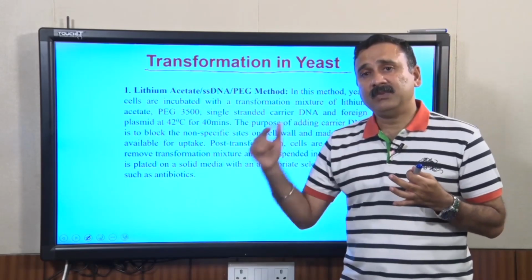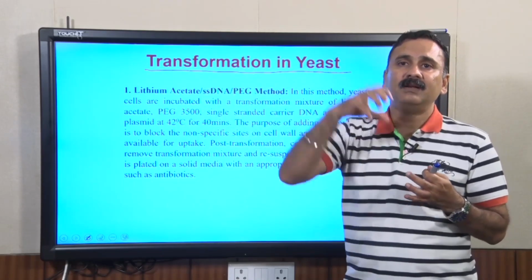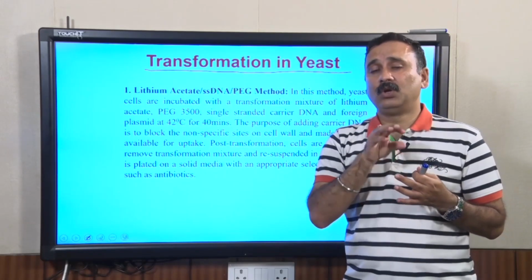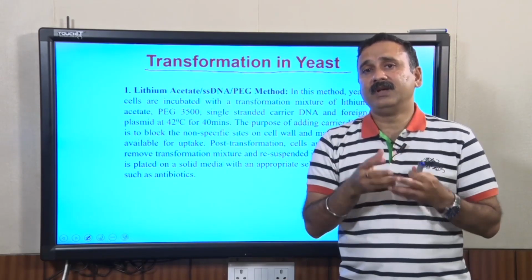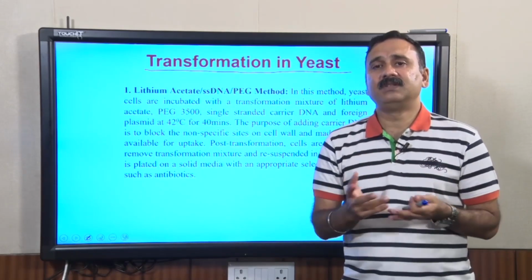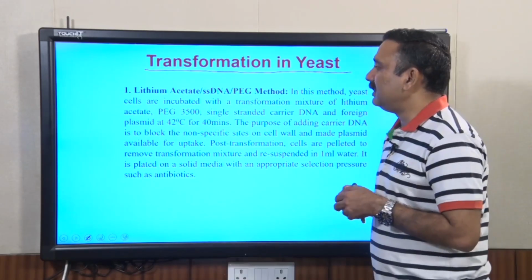A transformation will be considered only when you take up the DNA and put it inside the nucleus, so that it will integrate into the genome, and that is how it is going to express along with the other genes present in the genome. There are many methods that people are using.